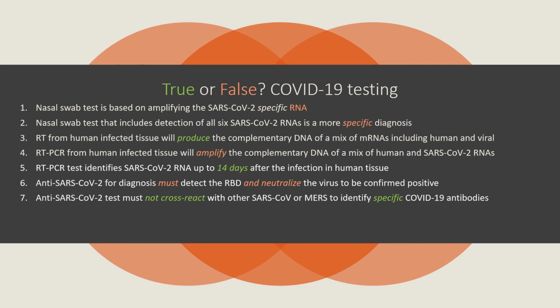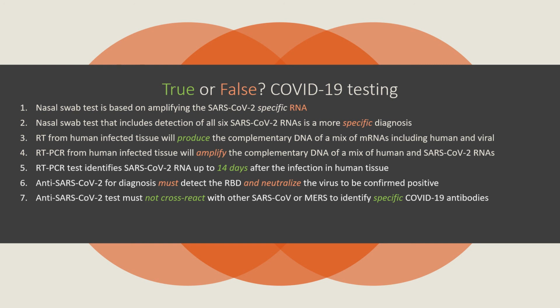Anti-SARS-CoV-2 tests must not cross-react with other coronaviruses or MERS to identify specific COVID-19 antibodies. This is true. In research, if we want to identify specific COVID-19 antibodies, again, for research purposes, then the test should not use a platform that uses proteins that can cross-react with other coronaviruses.